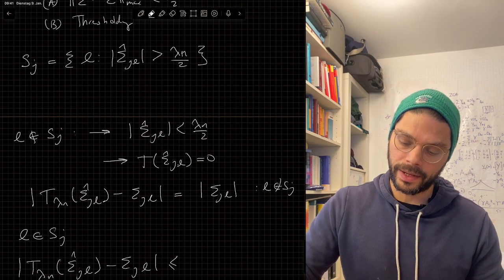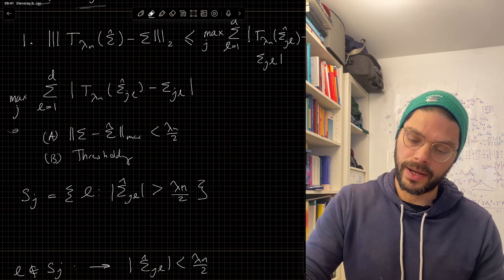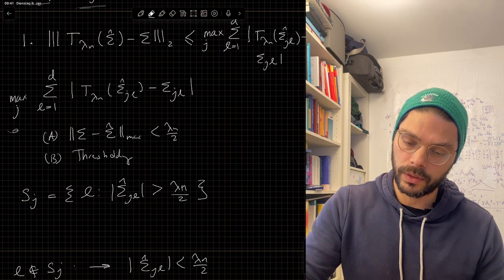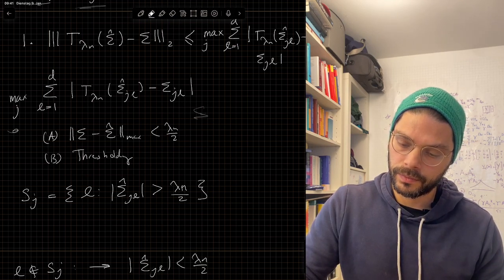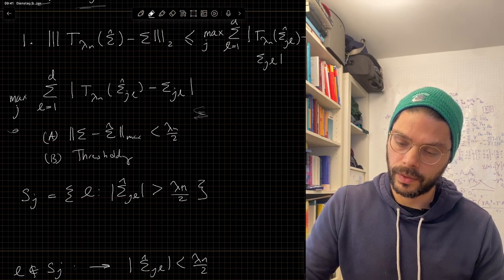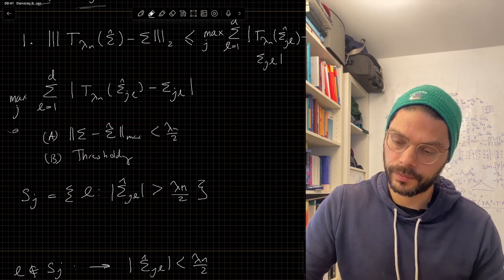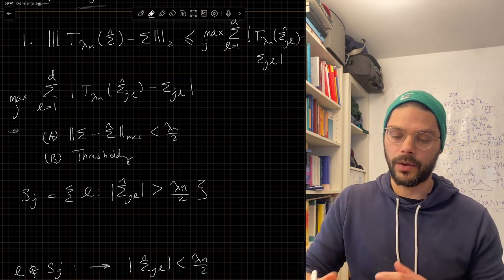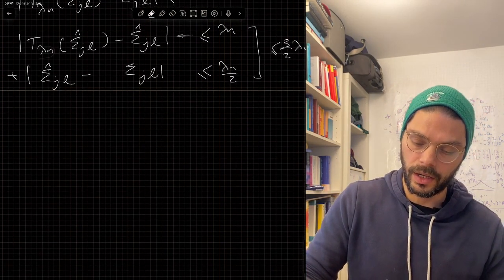So now we can go back up here. We've now split the sum, and now we can decompose it in terms of these components.